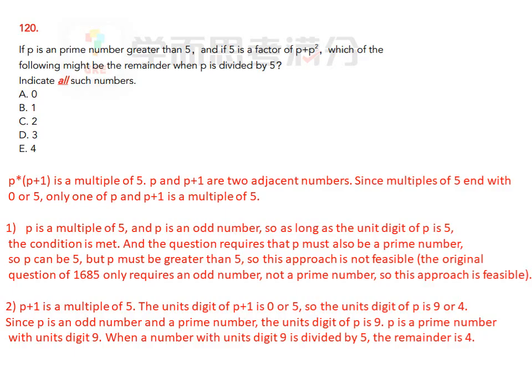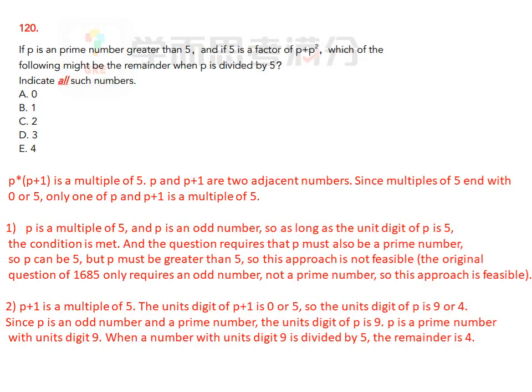So let us move to the next one, that is p plus 1. It is a multiple of 5. So the unit digit of p plus 1 is 0 or 5. The unit digit of p will be, in this case, either 9 or 4, right? Because p plus 1 is a multiple of 5. So 9 plus 1 is 10 and 4 plus 1 is 5.